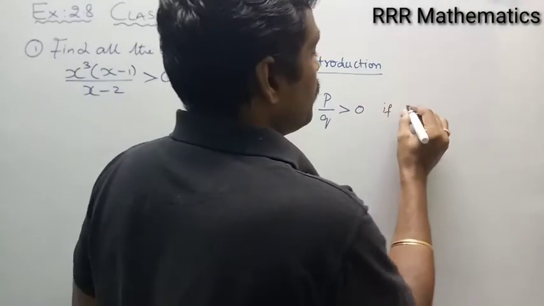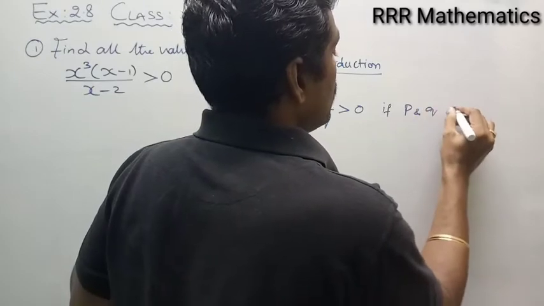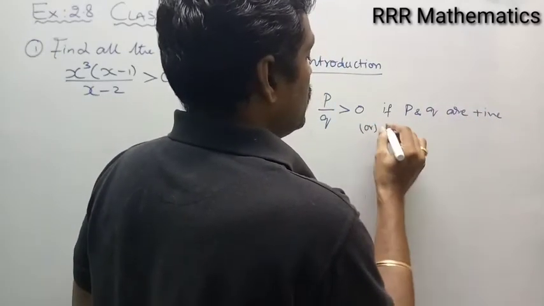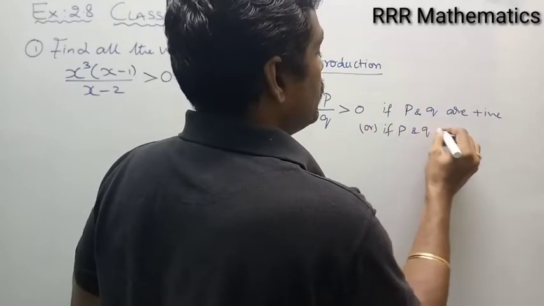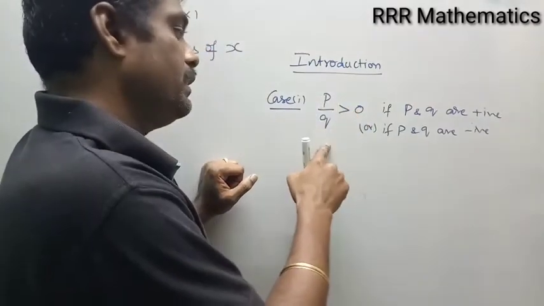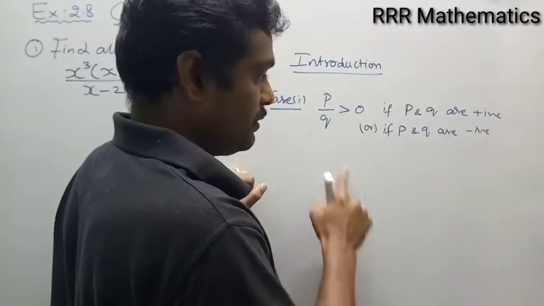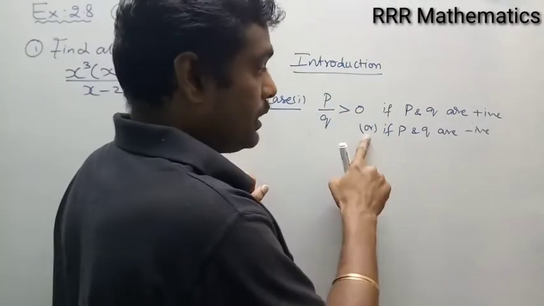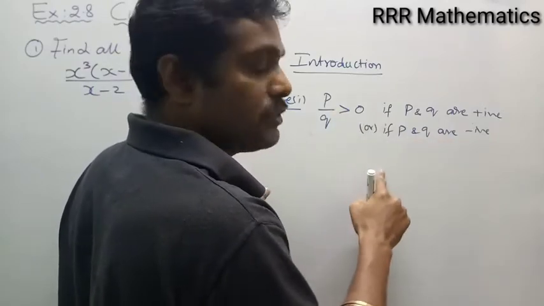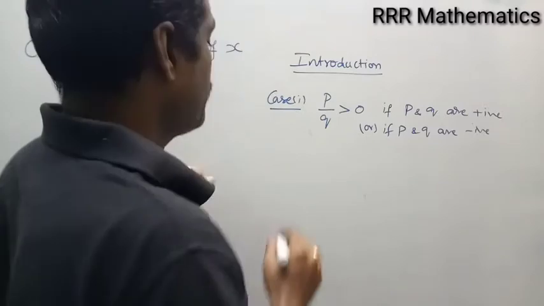It means either p and q are positive, both numerator and denominator are positive, positive by positive greater than 0, or both numerator and denominator are negative, negative by negative gives positive which is greater than 0.